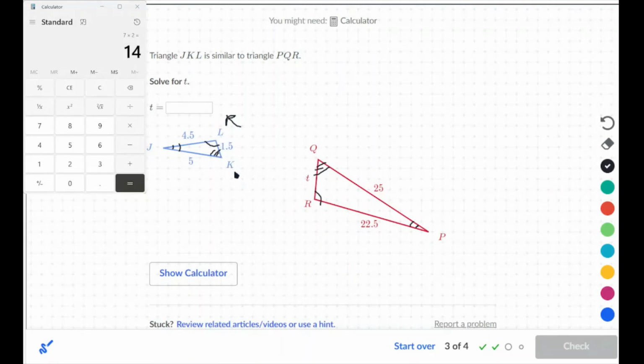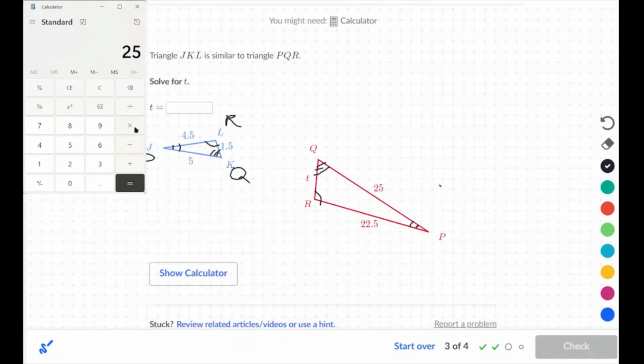It's R, it's Q, it's P. Alright, so let's start multiplying. 25, because QP is right here and then JK.